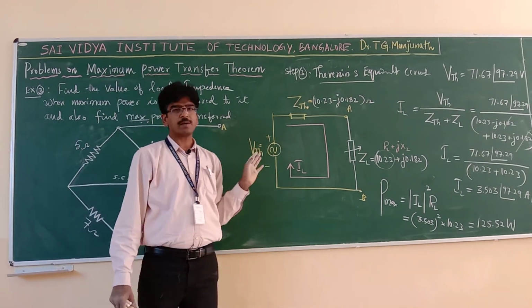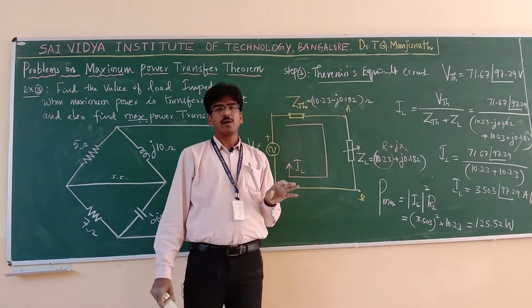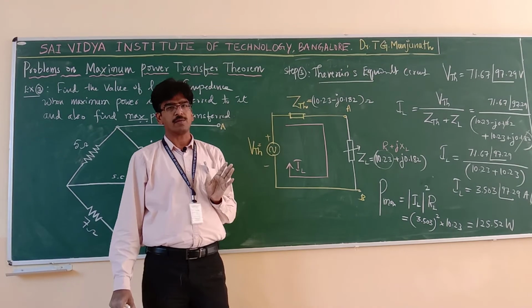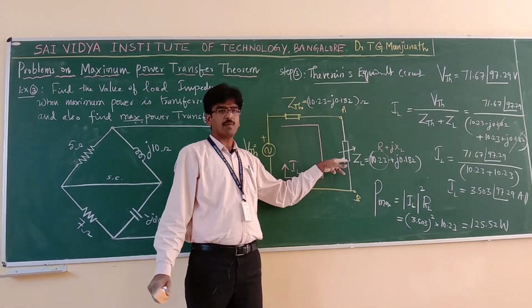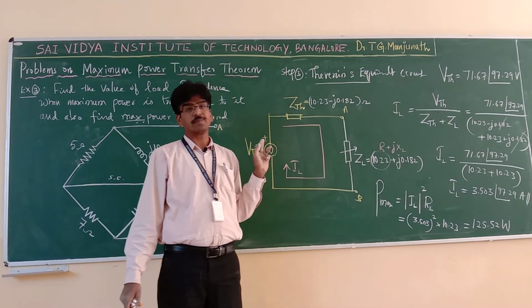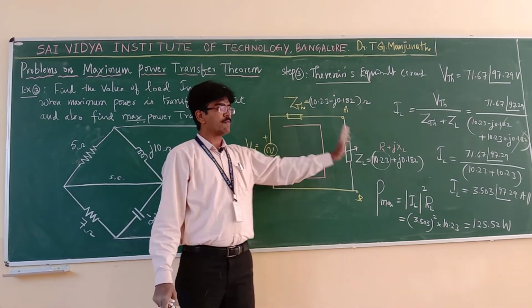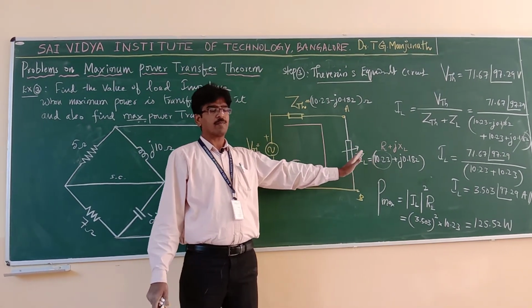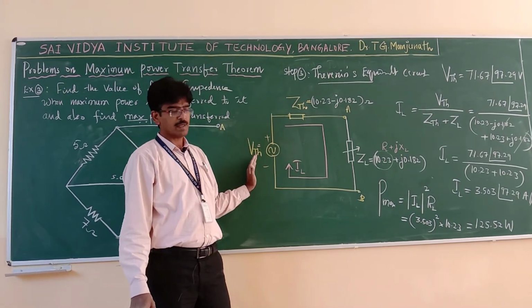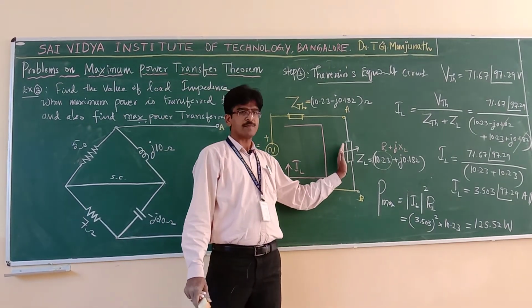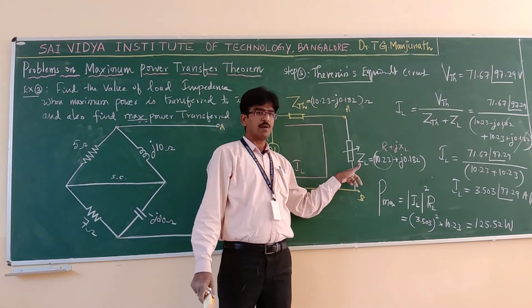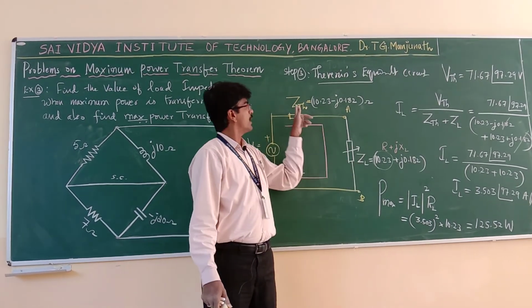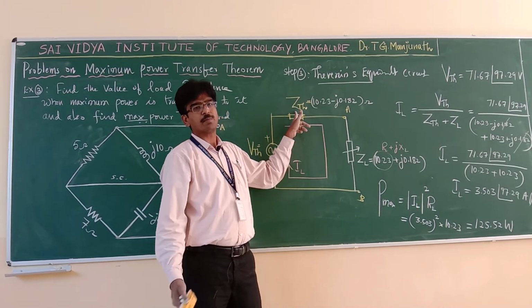After obtaining that, you connect the load across the Thevenin's equivalent circuit. So, here in this problem, load was given as ZL. Therefore, the condition for maximum power transfer, you know, is that when source is AC, load is ZL, the value of load impedance must be equal to the complex conjugate of source impedance.